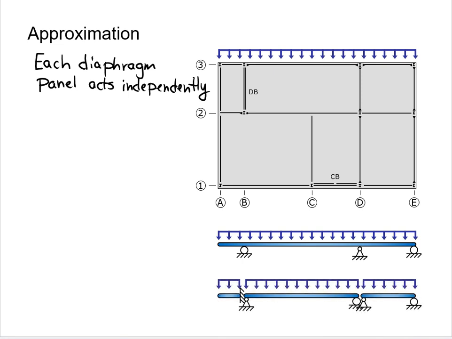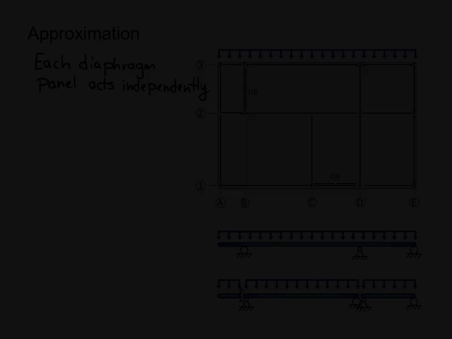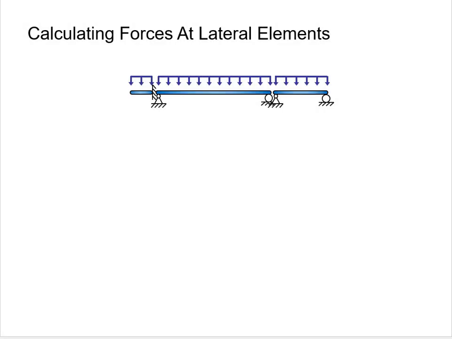That means the equivalent beam model behaves simply supported between lateral elements and as a cantilever on ends that extend past the lateral elements. With this approximation, the segments are now determinate and we can find the reactions using equilibrium.